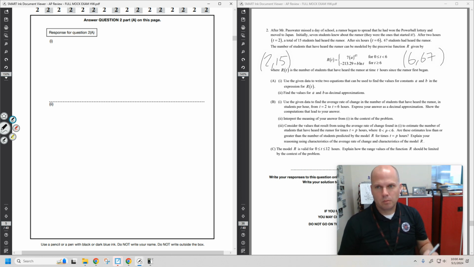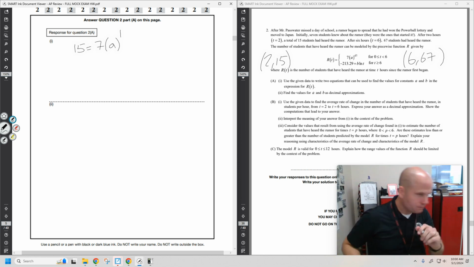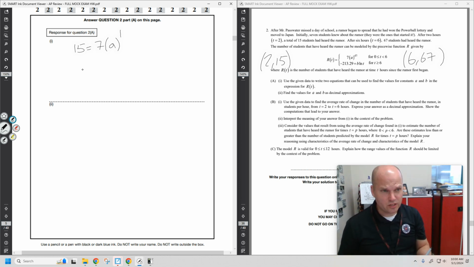So my 2 equations are going to be 15 equals 7 times a to the 2 over 2. They want it simplified, so that better be 1. And my other equation is negative 213.29. 67.